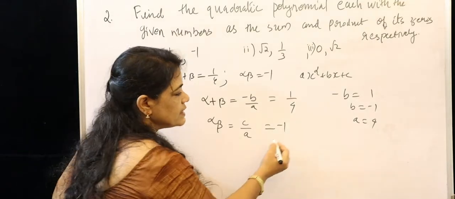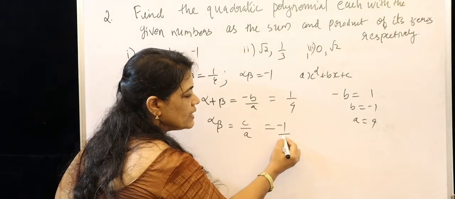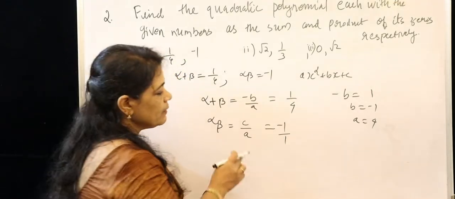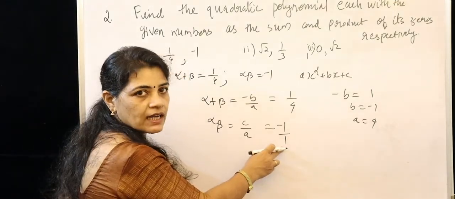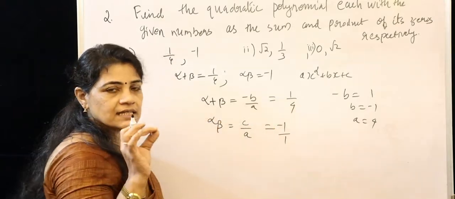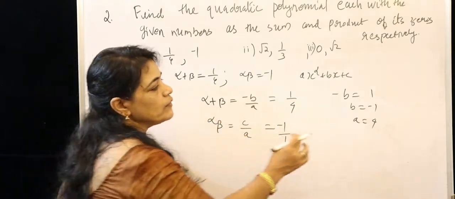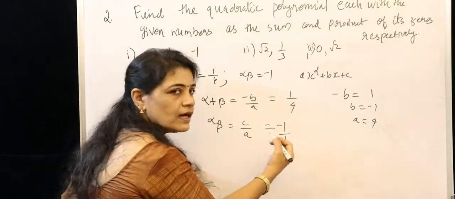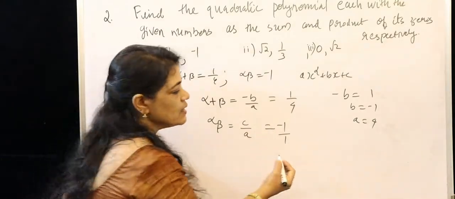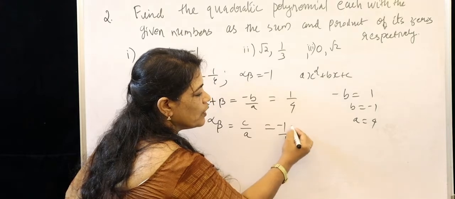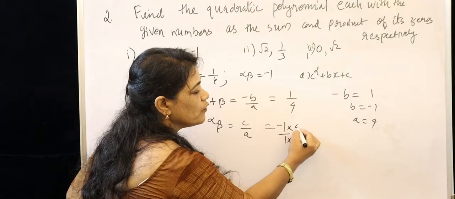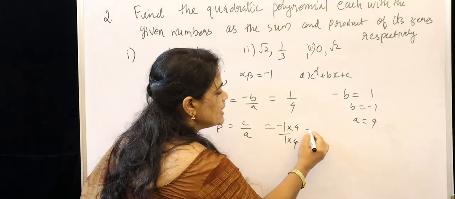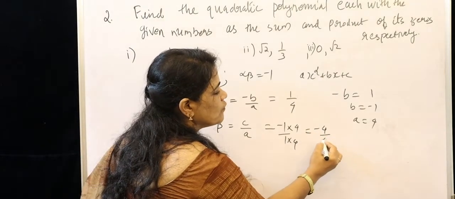See children, this minus 1 can be written as minus 1 divided by 1. But that means in place of a, 1 comes if we simply take c as minus 1. But we have already got a as 4. So how can this be converted into an equivalent fraction with denominator 4? So 1 into 4, 4, and minus 1 into 4, 4. No problem at all. So you will get minus 4 by 4.